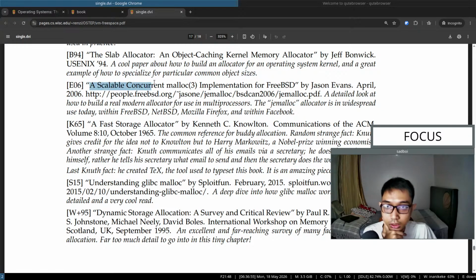A Scalable Concurrent malloc Implementation for FreeBSD.